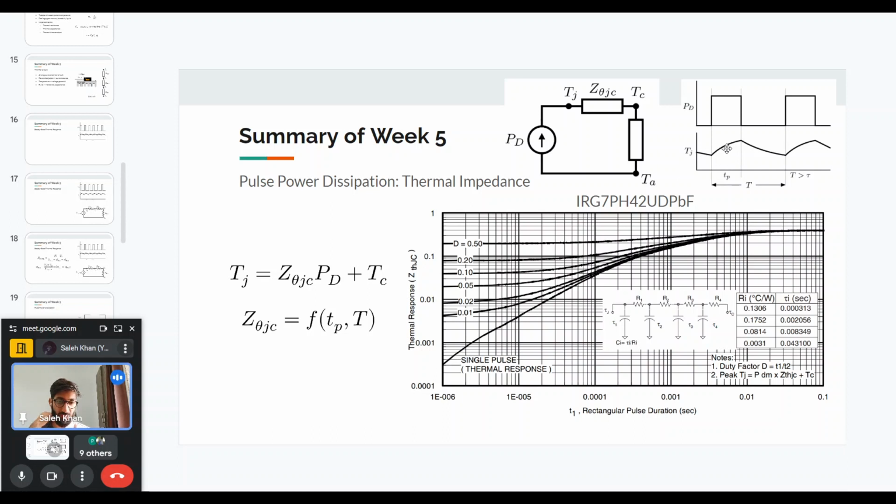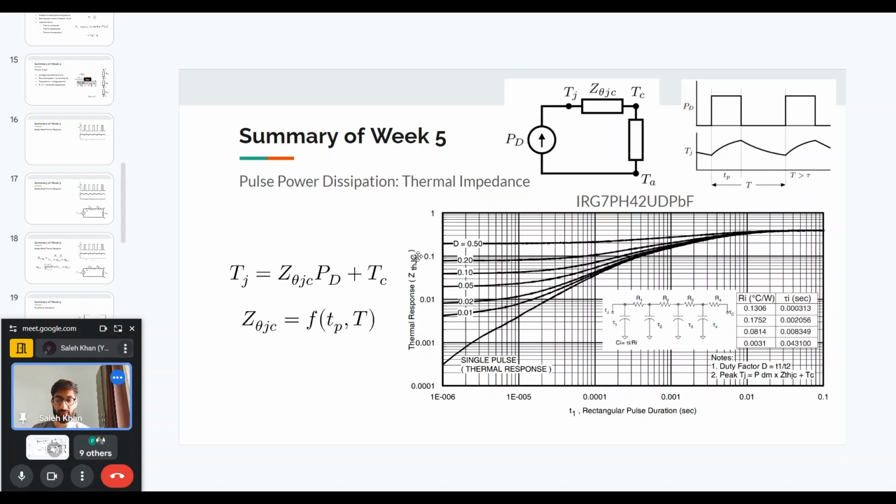That means we have a single pulse Tp, and the capital T is basically infinite because there is no second pulse.